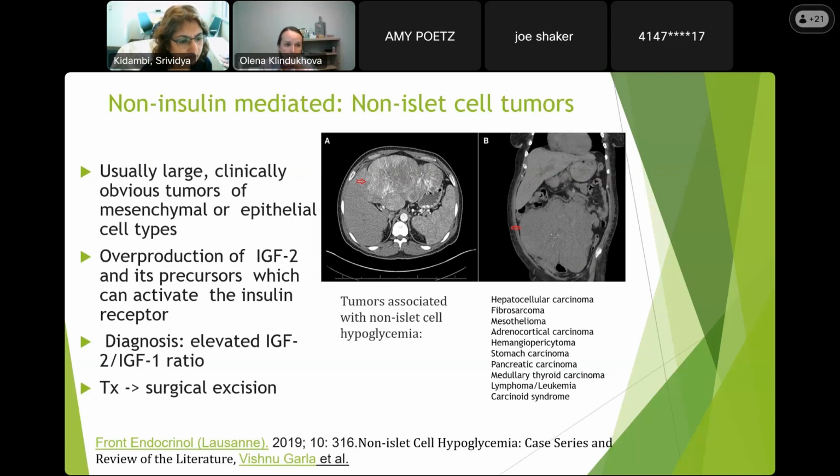To diagnose non-islet cell induced hypoglycemia, the IGF-2 to IGF-1 ratio would be measured. It literally takes 2 to 3 weeks to get the result back. Treatment is surgical excision, and different tumors, including mesothelioma, fibrosarcoma, medullary thyroid cancer, carcinoid, as well as ACC, can potentially be a source of excessive IGF-2 production.